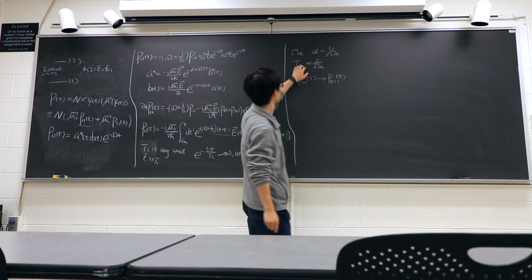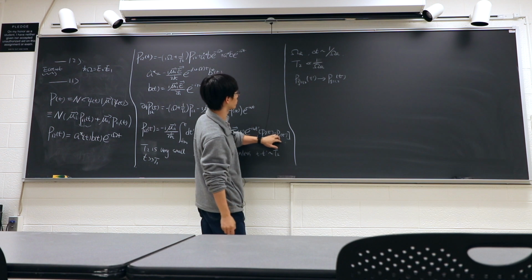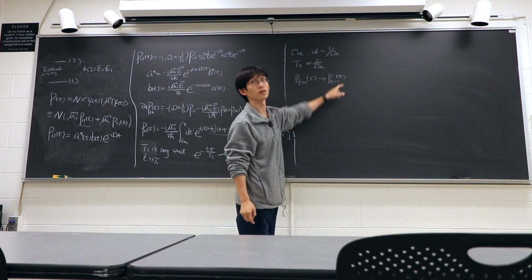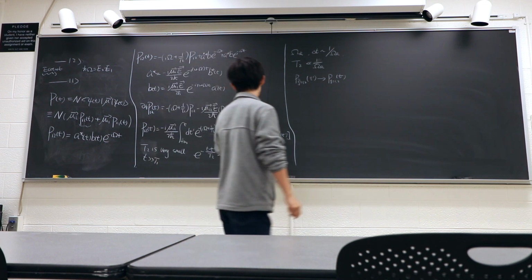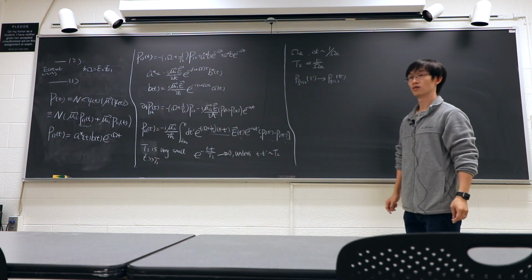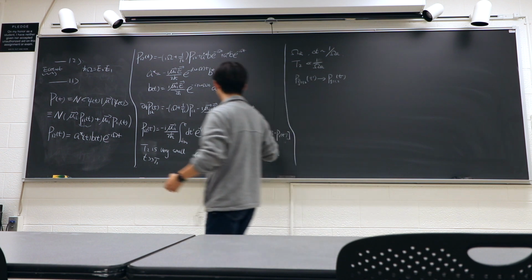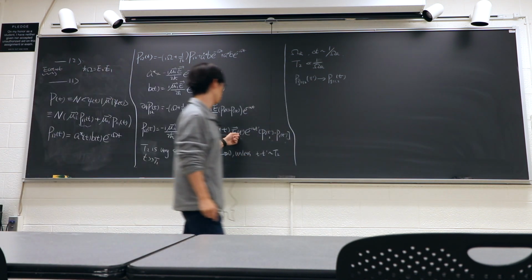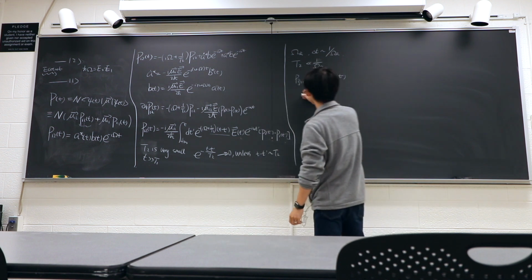And because the change is very slow here, you can approximate t prime to t. And the same thing happens to the electric field. Because if your Rabi frequency hasn't moved your atom from the lower state to the upper state, then this doesn't change as well, right?